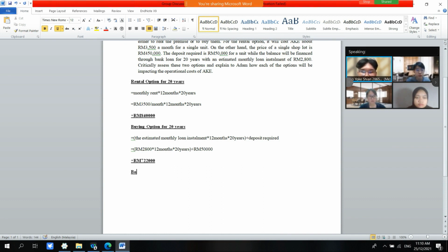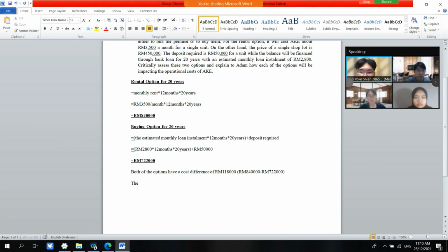So we can conclude that the two options have a cost difference of 118,000 ringgit Malaysia, which is the difference between the rental option and buying option.